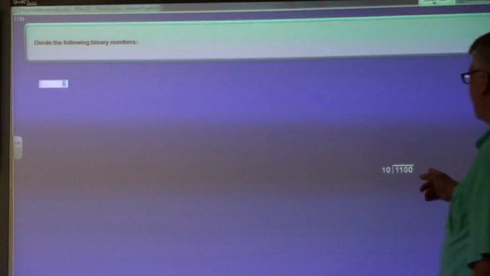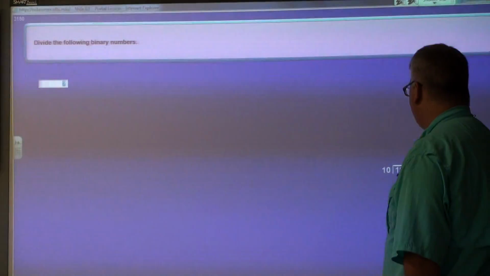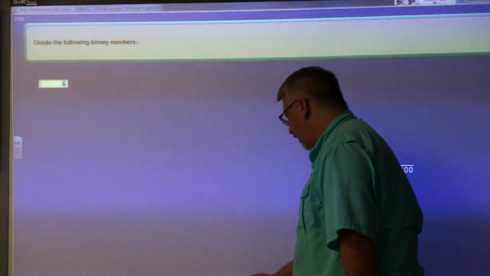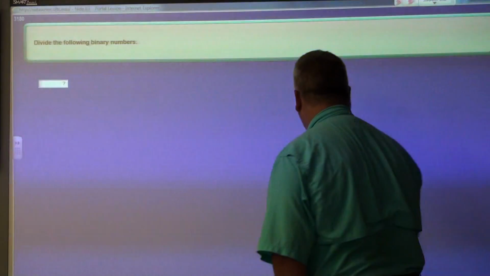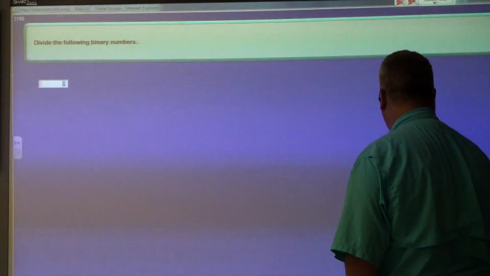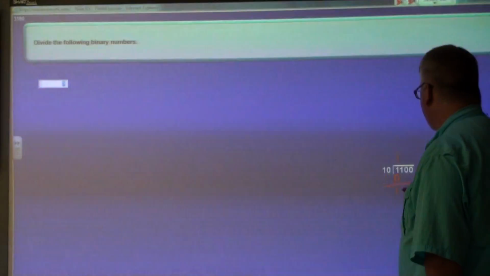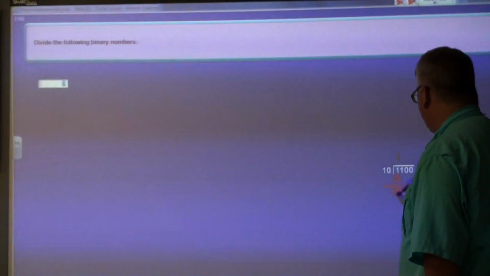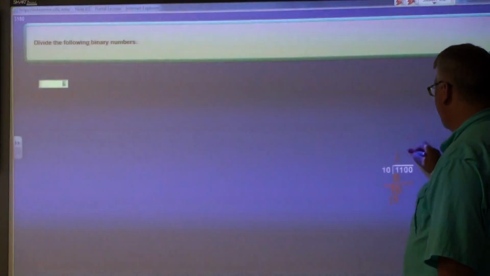Same thing here. 10 goes into 1100. Let's do it with a red marker so we can see. We write 10 here. That's a 1, right? That leaves us 1, 0. So 10 goes into 10 one time.